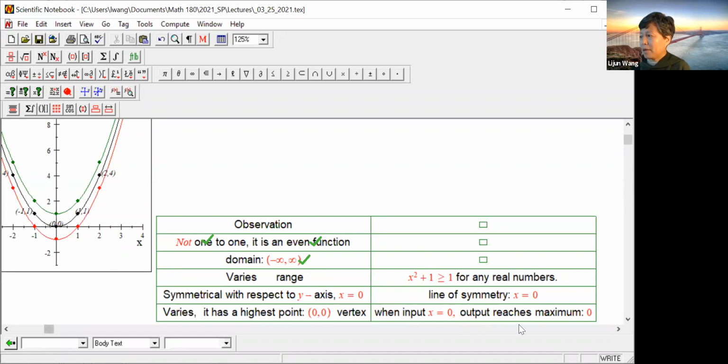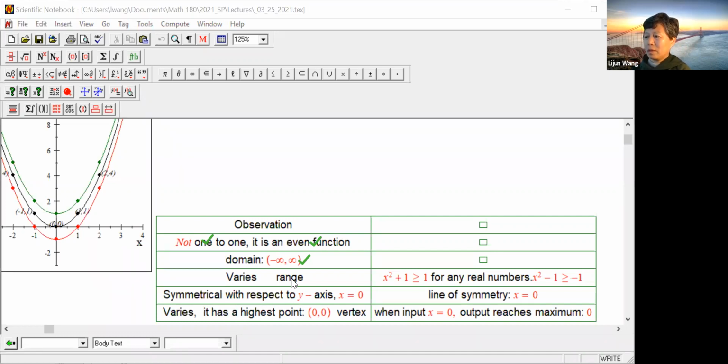How about x squared minus 1? X squared minus 1 is going to be at least -1. That's the red. Do you guys follow me? So you can see the range varies too.